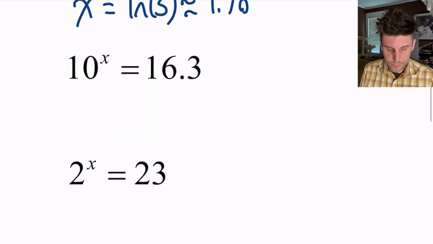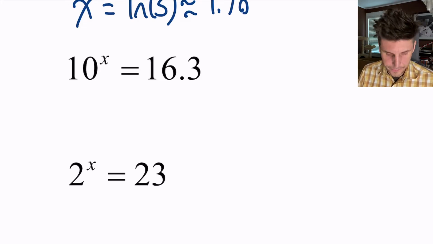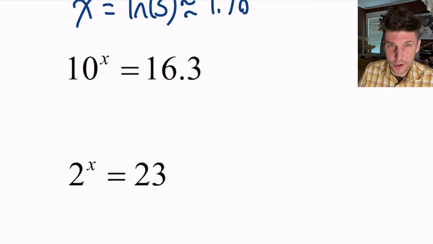Next. So now we have 10 to what power is equal to 16.3. I don't know, 10 to the first is 10, 10 to the second is 100, so somewhere between 1 and 2. So what do you think we're going to do? Inverse operation. We need to free up that exponent. We have to get it down to the ground, so to speak.